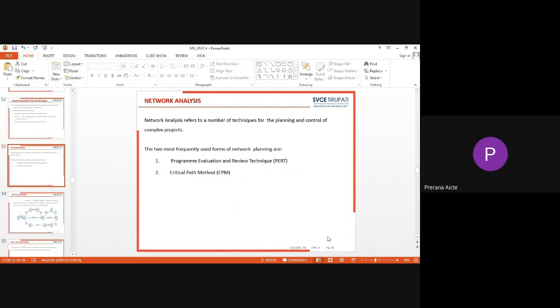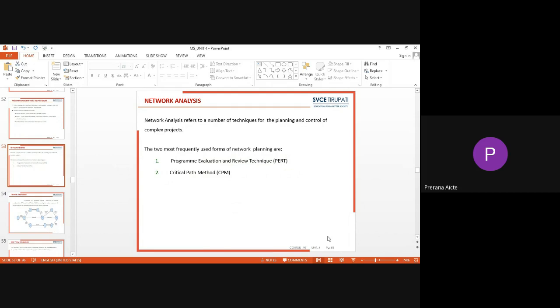A project is a set of interrelated activities which comprise a certain duration and which also consume certain resources. There is a specific objective or output for the project, and it has to be achieved in a specified period of time.